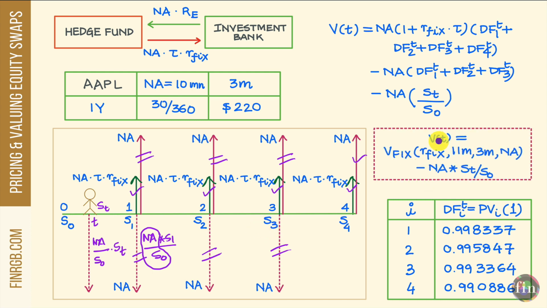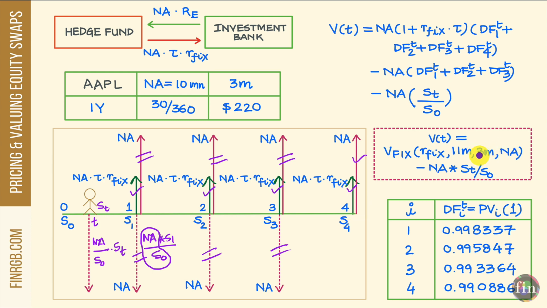See, the value of this equity swap from the perspective of the equity payer and fixed receiver is simply equal to the value of this hypothetical fixed coupon bond whose coupon is equal to R fix. It was already calculated to be 1.8%, whose residual life at this point in time is 11 months.